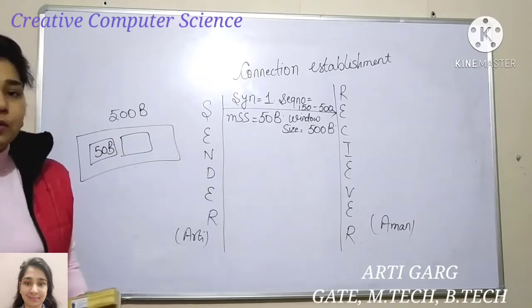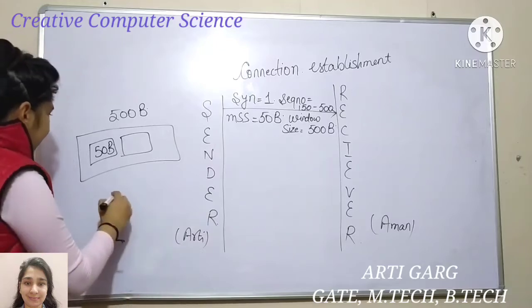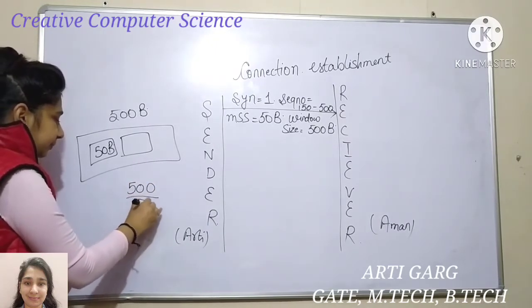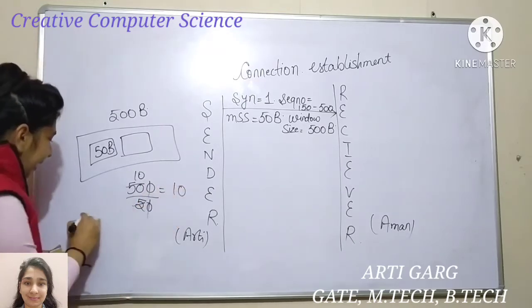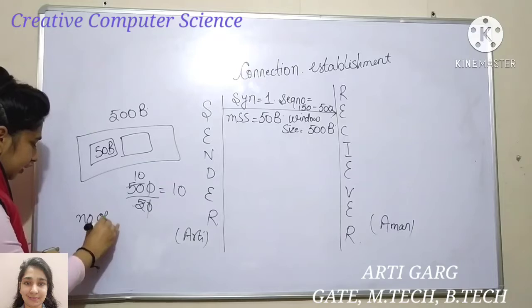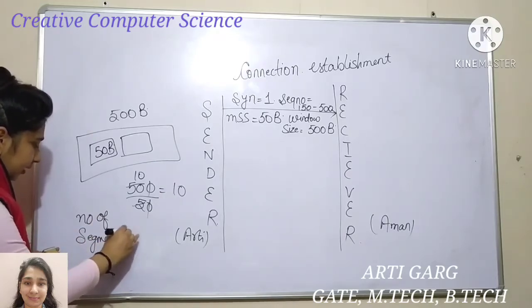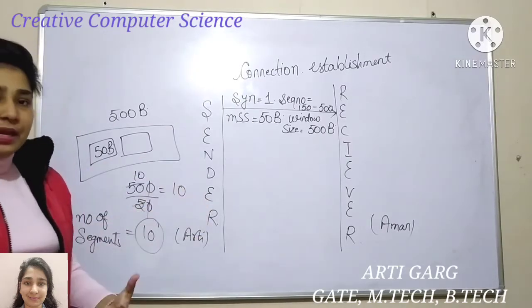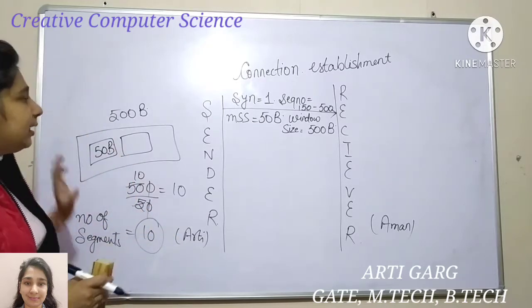So how many segments can the sender receive in total? 500 divided by 50, that is 10 segments at one particular point of time.